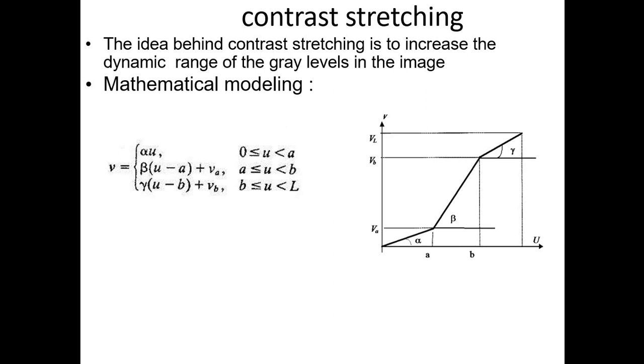So contrast is what? Contrast is the difference between black and white pixels, the difference across the total dynamic range of gray values, intensity levels. So if that is wider, it is called a better contrast image.